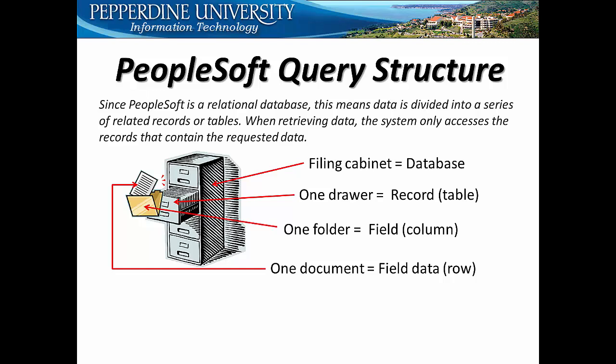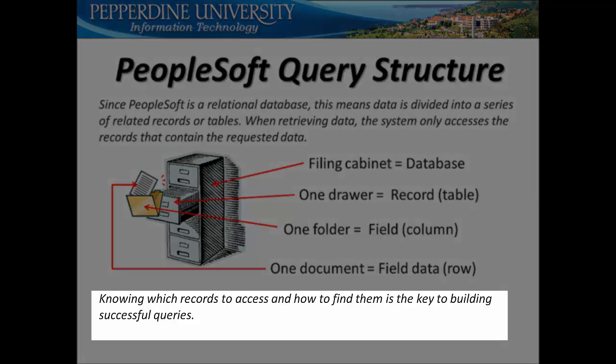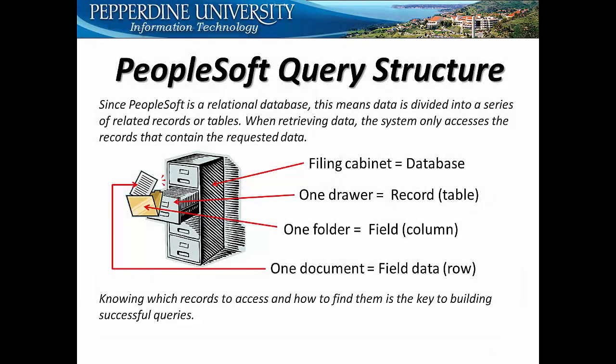Just like searching for the one document in a folder contained in a drawer, knowing which records to access and how to find the right fields across the multiple records is the key to building successful queries. And note that detail will be covered in the Query Manager training video.